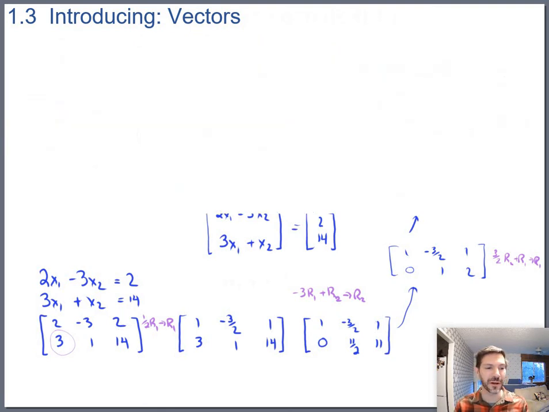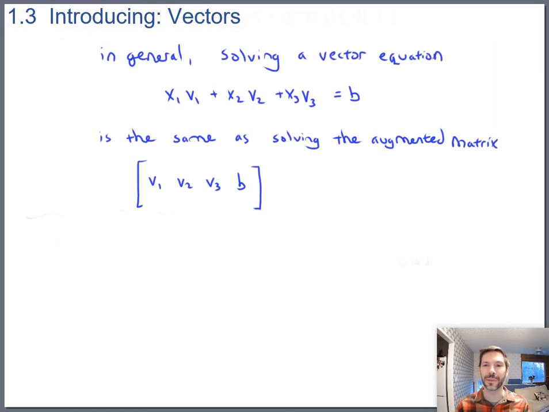And this is true in general, and this is worth actually mentioning. So in general, solving a vector equation that has this sort of format of some combination of a first vector, some other amount of a second vector, a third vector, all adding up to make a fourth vector, a result, is the same as solving an augmented matrix, where you just make each one of those vectors a column of the augmented matrix.